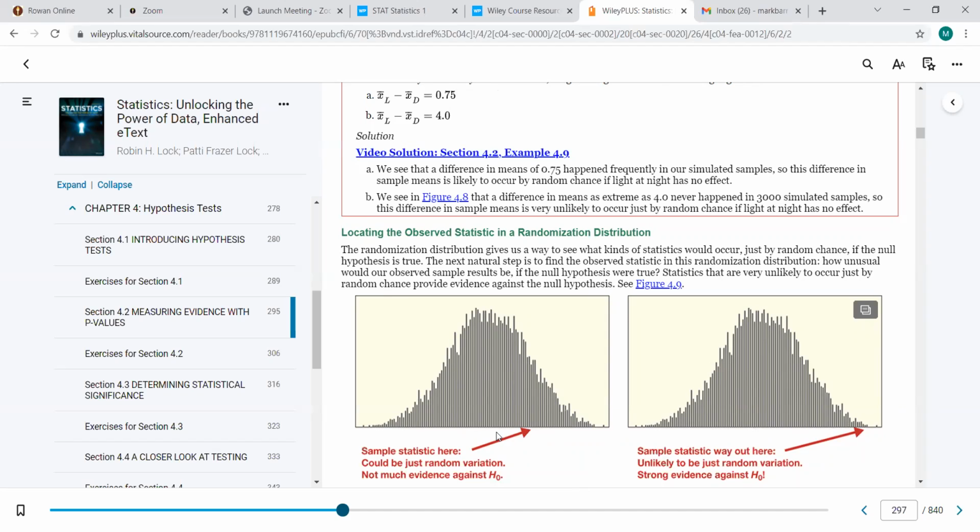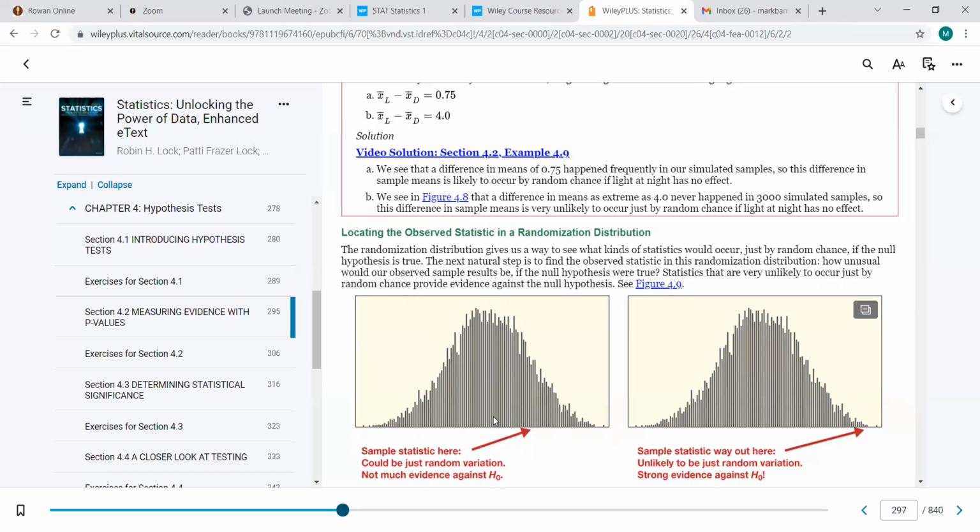If there's normal variation around a population mean, in other words, if the samples vary around the mean, but most of them are close to the population mean, the ones that are further away are less likely to occur, right? Now, in this case, it's a difference of means between the two groups.